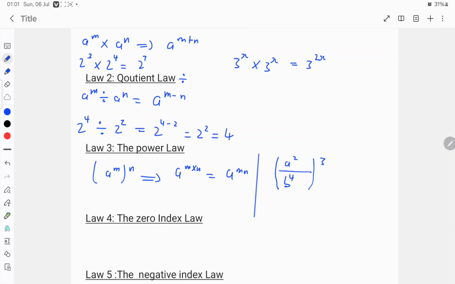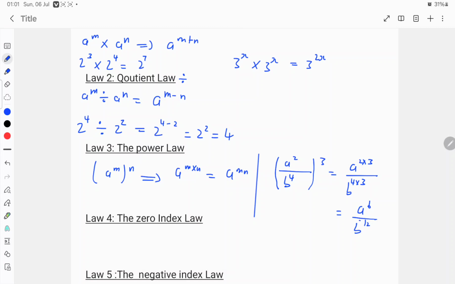Now in this case, you can see that the 3 that's outside the bracket is applying, or let's say the bracket applied to both letter a and letter b. So that means the 3 is also applied to those. So it's just going to multiply. So it's going to be a power 2 times 3 over b power 4 times 3, which will give us a power 6 over b power 12.